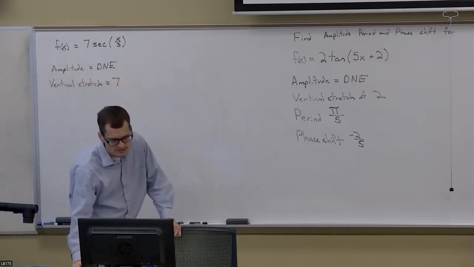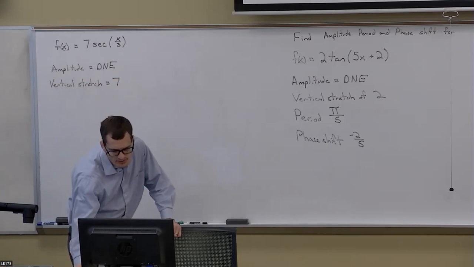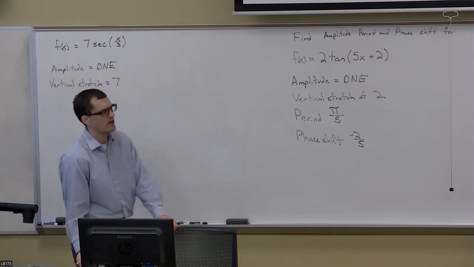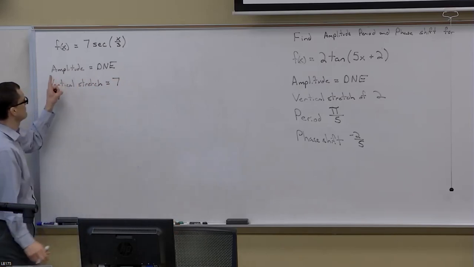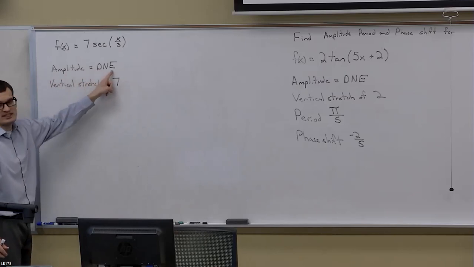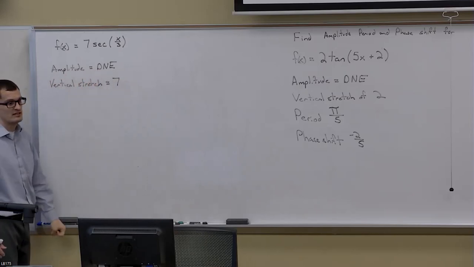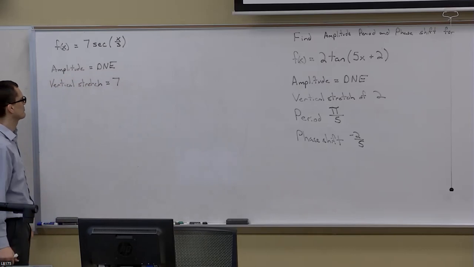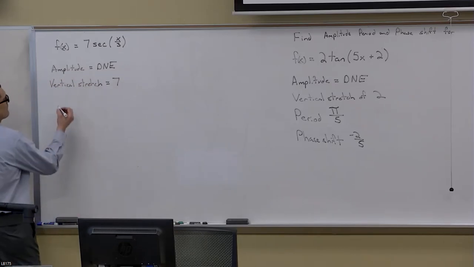All right. Oh, and on Moodle, I wanted to check this amplitude. When the amplitude doesn't exist, just write D and E in capital letters. Okay. So it says that on the problem, but that's fine.